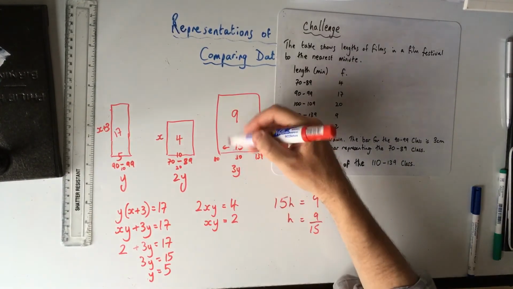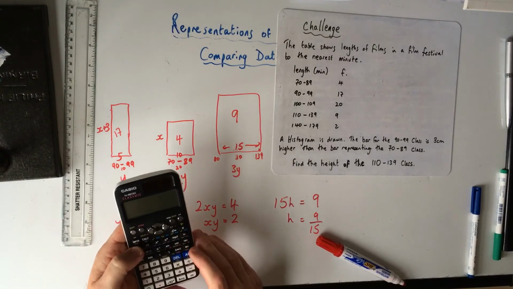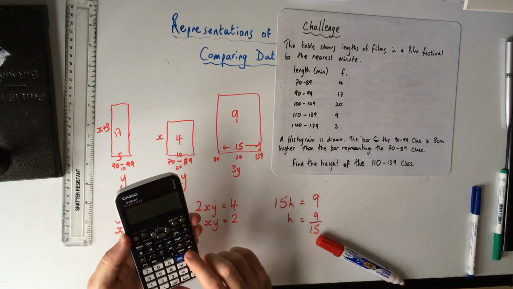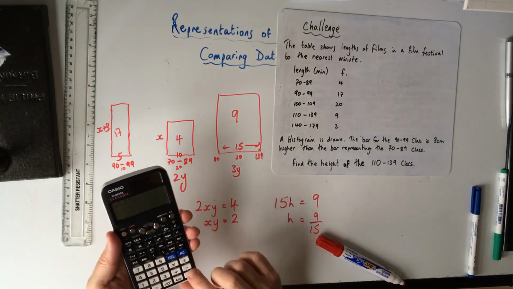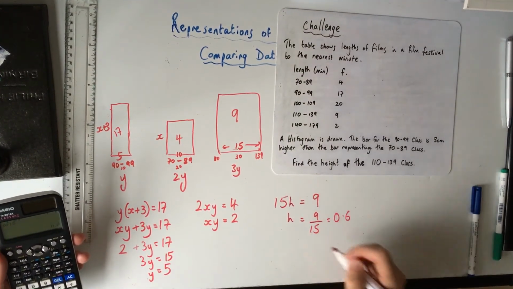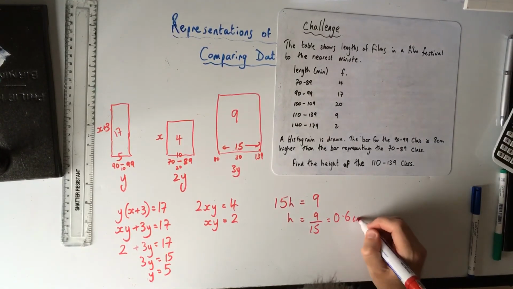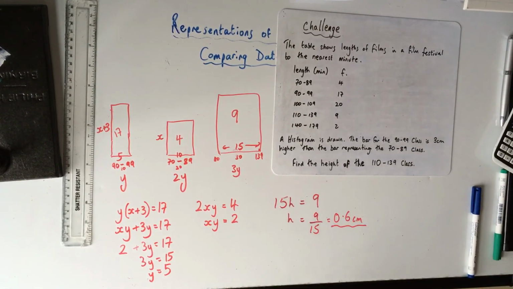Okay, so the height of this bar is 9/15. I think it said in the back 0.6. 9 divided by 15 is 3/5, which is 0.6. Cancels down, doesn't it, to 3/5. Okay, centimetres. There we go, and that is the right answer.